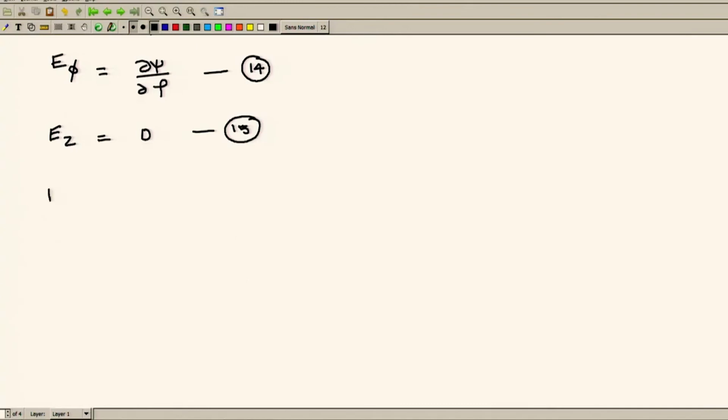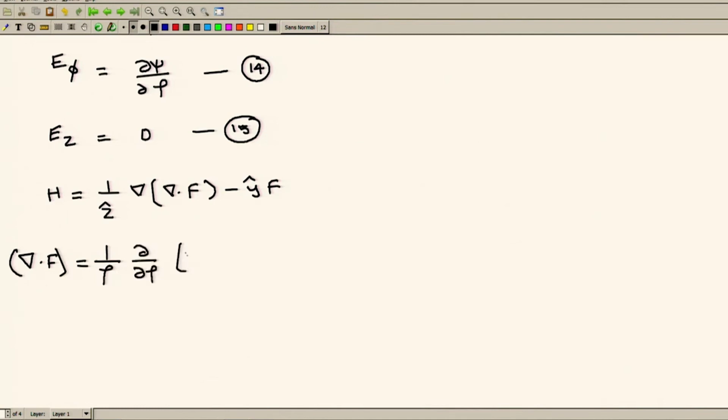Next, for H we will find out 1 upon Z cap del of del dot F minus y cap F. So, del of del dot F, we will have similarly 1 upon rho del rho of rho A rho plus 1 upon rho del A phi upon del phi plus del Az upon del z.